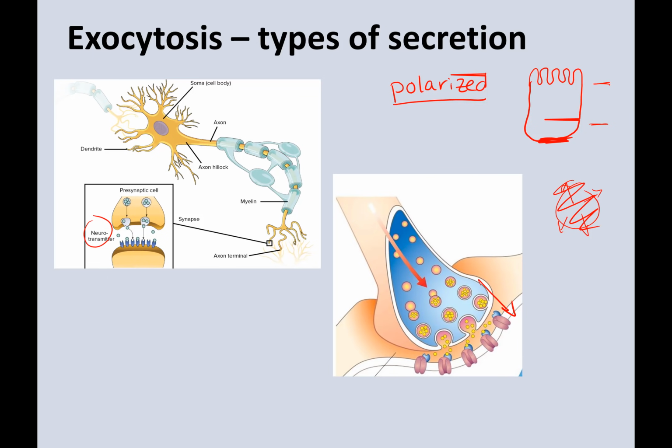But the secretion is always this direction. It's always at this end of the cell. So that's polarized. And what you will learn is that neurotransmitters are both regulated and polarized secretion. So keep those terms in the back of your head. We'll use them later this semester.